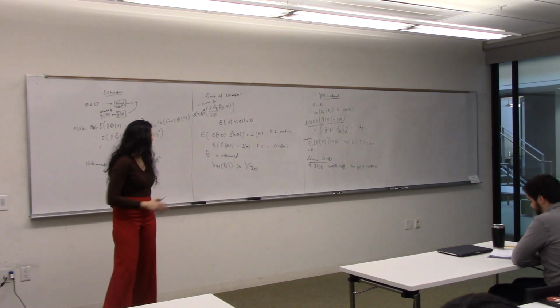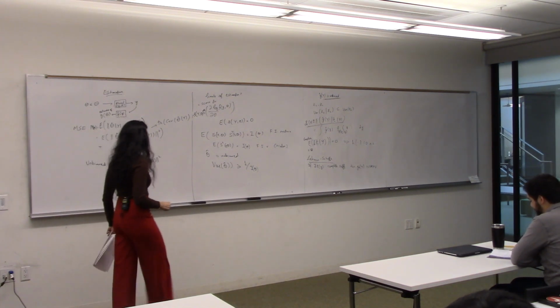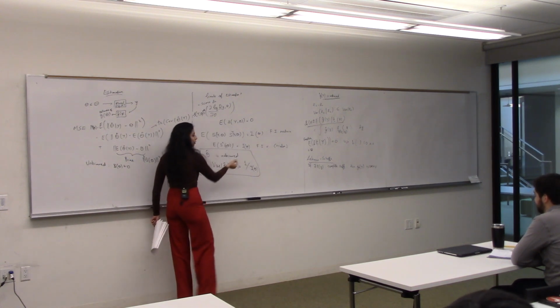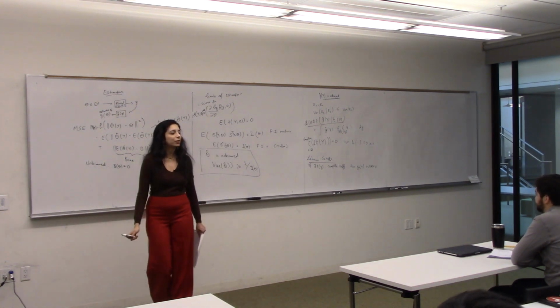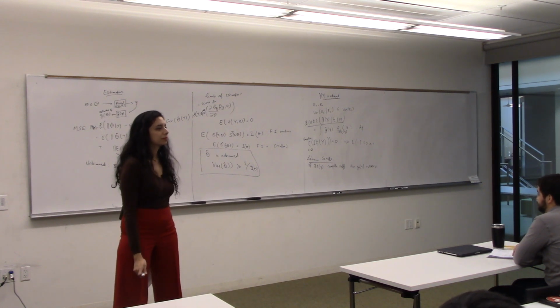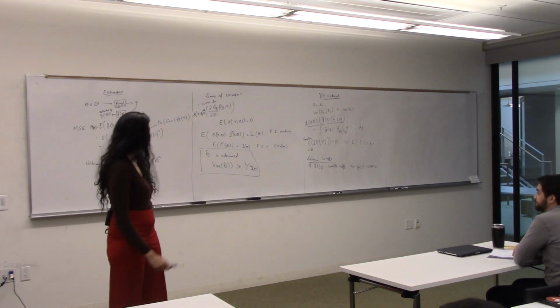But we'll do the scalar case for simplicity here. So the idea is if you have this unbiased estimator, you cannot do better than the inverse of the Fisher information value. So this is a bound.